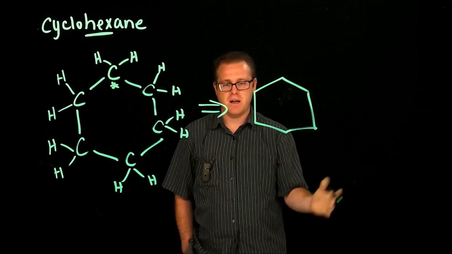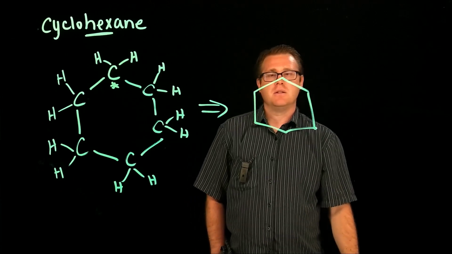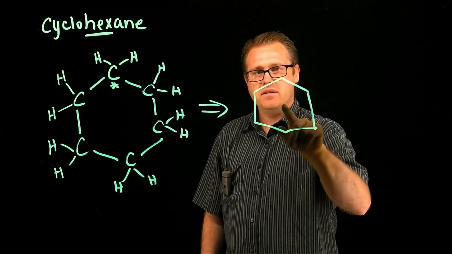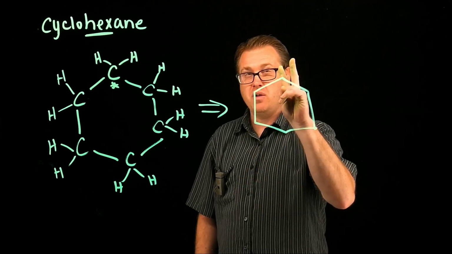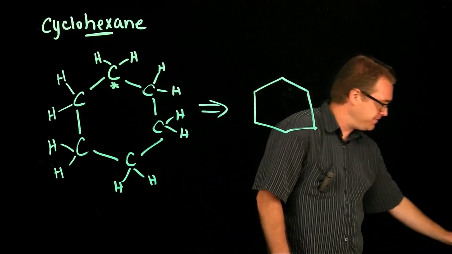Boom, done. We don't have to worry about it anymore. But when you look at cyclohexane, do you see that these carbons right here are all going to have 2 hydrogens attached? Because you have to have 4 bonds per carbon.